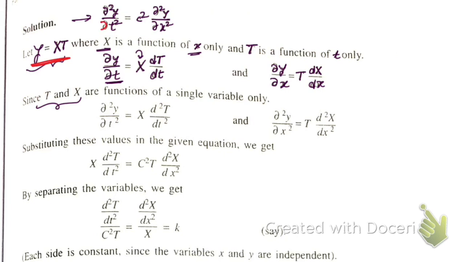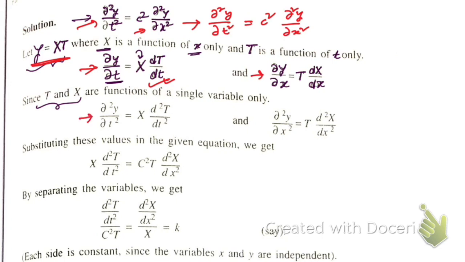These two are second order derivatives in the equation, so we differentiate again with respect to x and t. First let me differentiate with respect to t again, and we get this one. If we differentiate with respect to x again, we get this one.